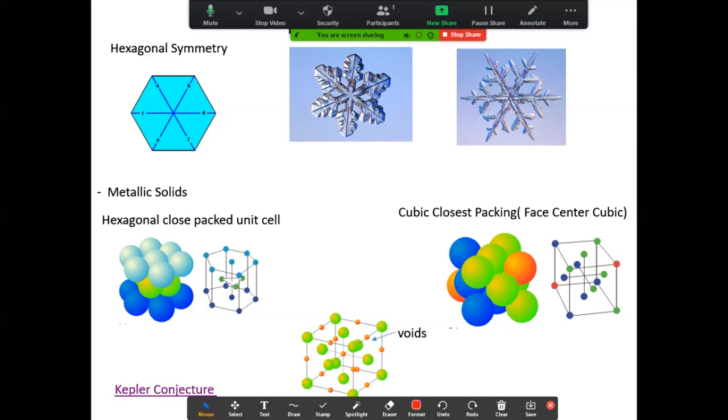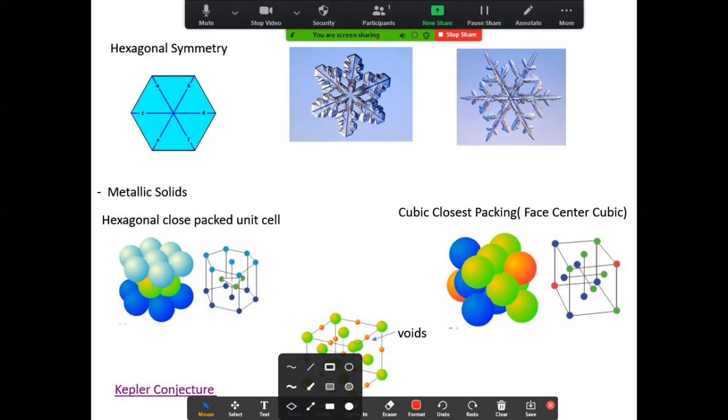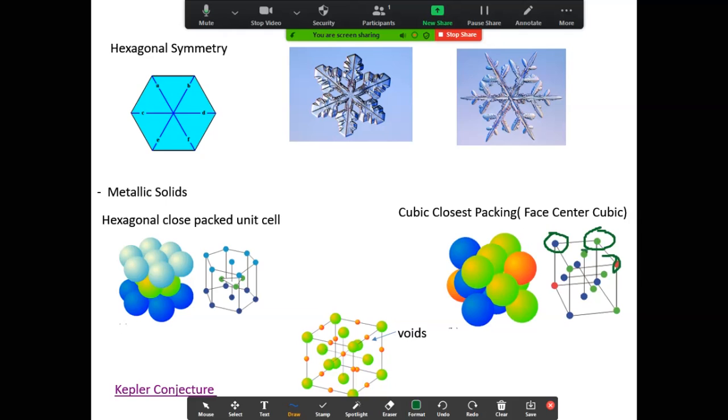Cubic closest packing, referred to as face-centered cubic, contains spherical atoms on the corners and on the faces of the unit cell. So here we have this cubic unit cell. We have atoms on the corners and atoms on the faces. And this maximizes the efficiency of the packing.